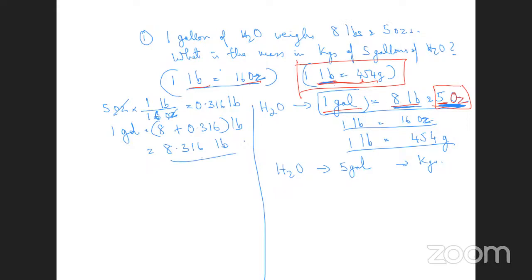Now the next step. Now we know the mass of 1 gallon in US customary terms in pounds. We have to convert the entire thing to kilograms. But do we have any conversion to kilograms? No. We have into grams. So we convert it to grams, then grams to kilograms. Now in my previous video, I told you that you must remember this metric system.